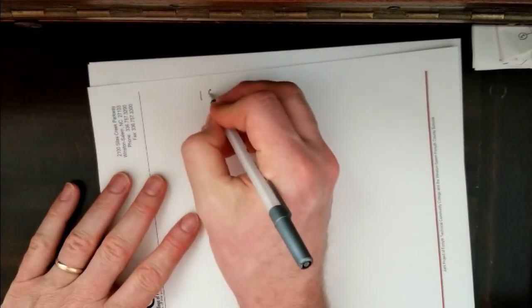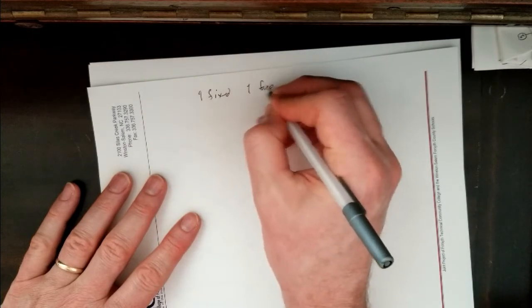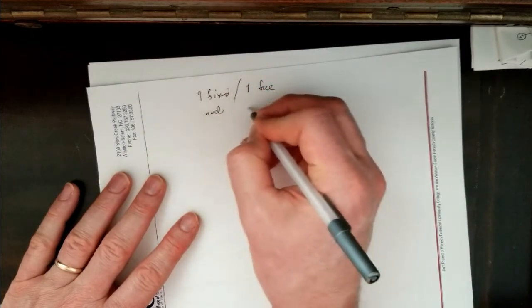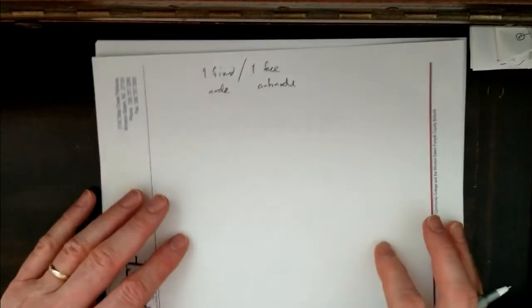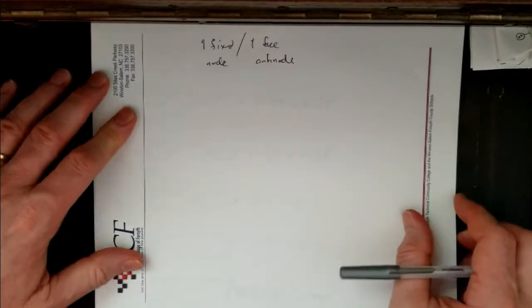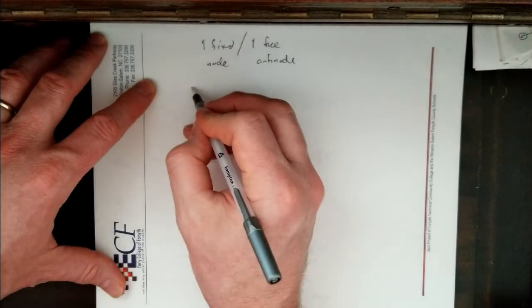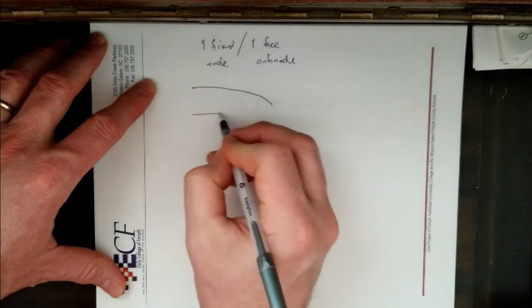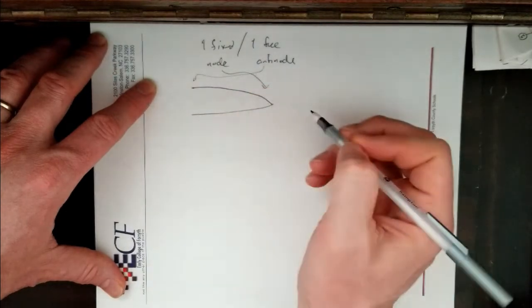So one fixed, one free. That will be a node, and that will be an antinode. We will have another lab on that one, or at least we'll have a video on that one. So one fixed, one free end. The simplest pattern is basically that. This is my fixed end right here, and this is my free end over here.